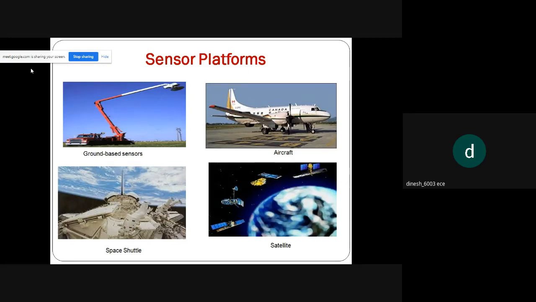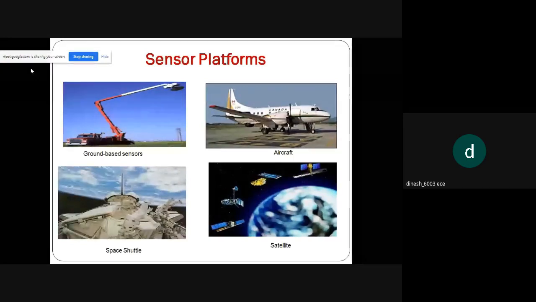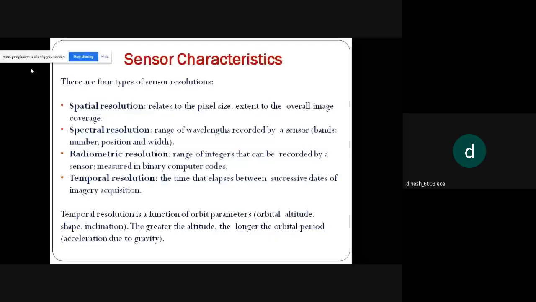Then we have the satellites that revolve around the Earth or Sun, which will acquire information and give it to the Earth station. Then all the sensors will have these four resolutions. One is spatial resolution, which relates to the pixel size of the given coverage of the image.